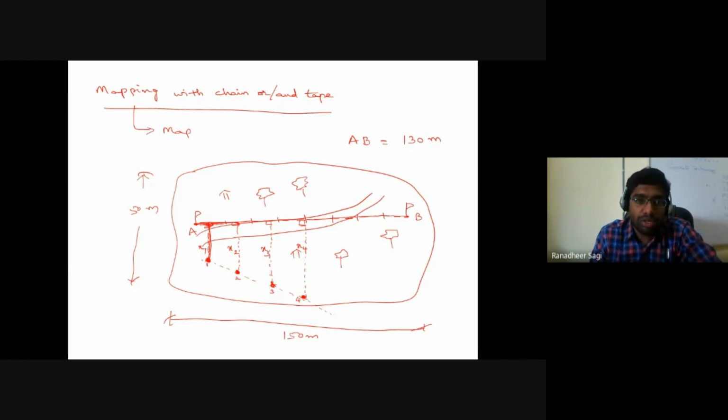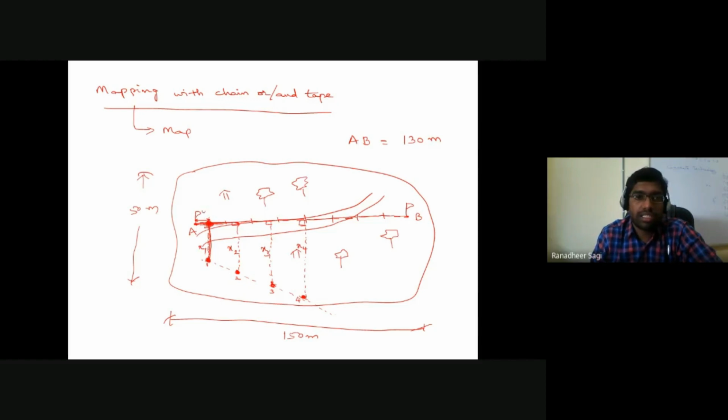Because you are dropping a perpendicular onto the line AB, at what distance along the line AB is that perpendicular offset point from the first electrical pole?